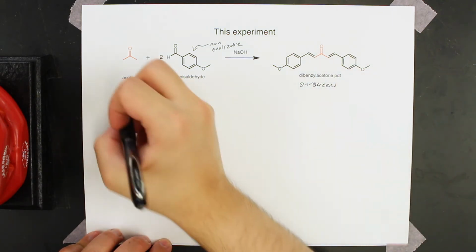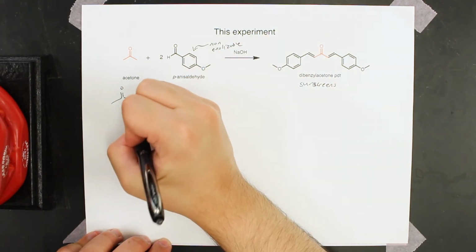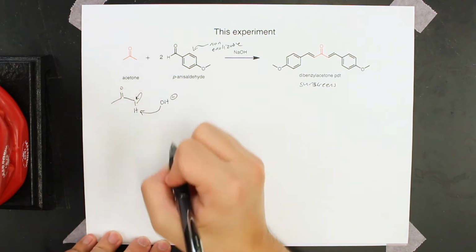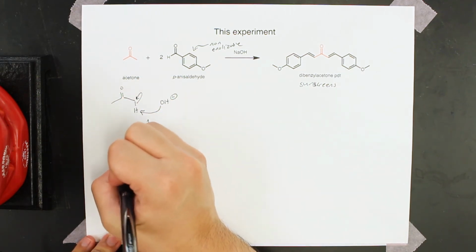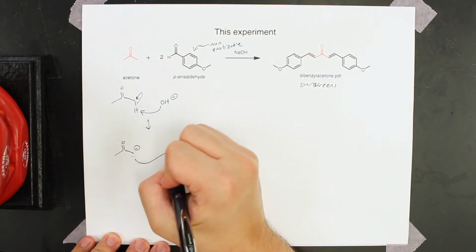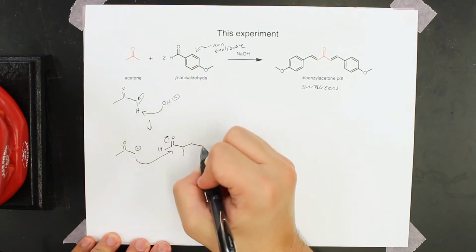And in this reaction, if we go over the mechanism, we're doing it under basic conditions. So we're going to deprotonate. This is going to form our nucleophile, our enolate. This is going to attack the carbonyl of the p-anisaldehyde.